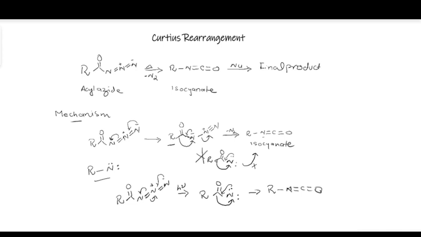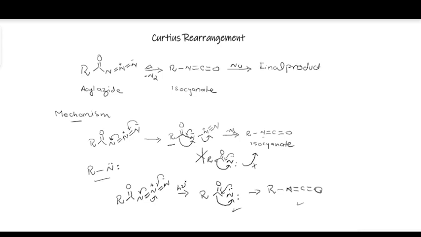So the difference between thermal and photochemical reaction in this rearrangement is that under thermal conditions, this rearrangement is a concerted process and no nitrene intermediate is involved, while under photochemical conditions, you may get this nitrene intermediate and then it will be converted to isocyanate.